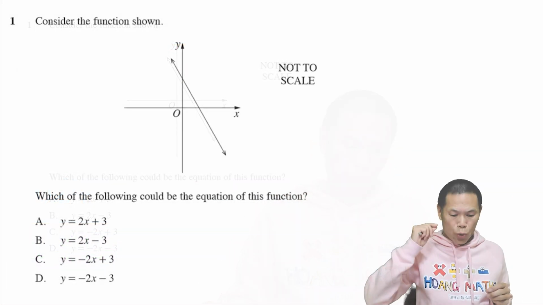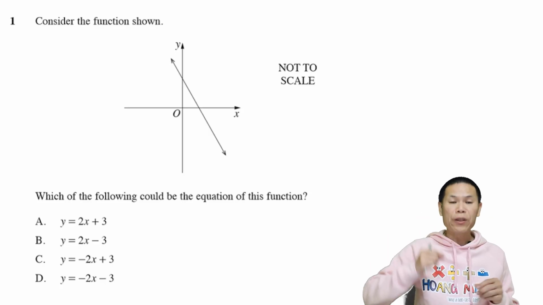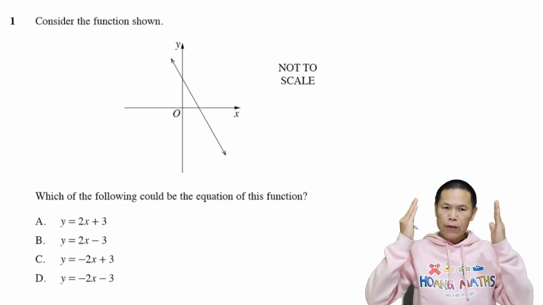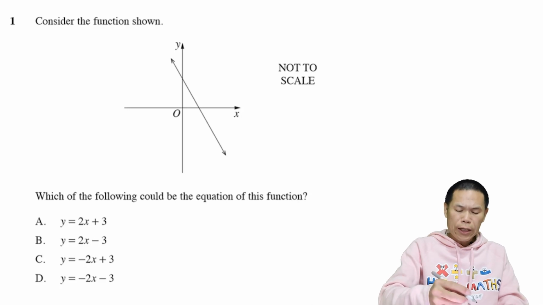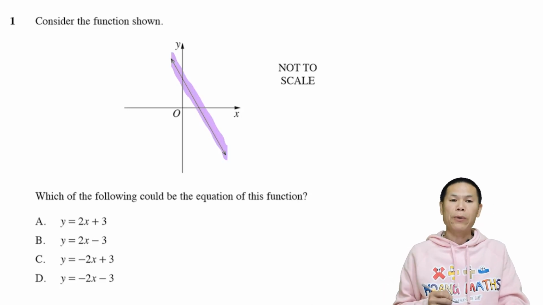First one, which of the following could be the equations of these functions? First of all, we know that the gradient is negative because it's heading this way.